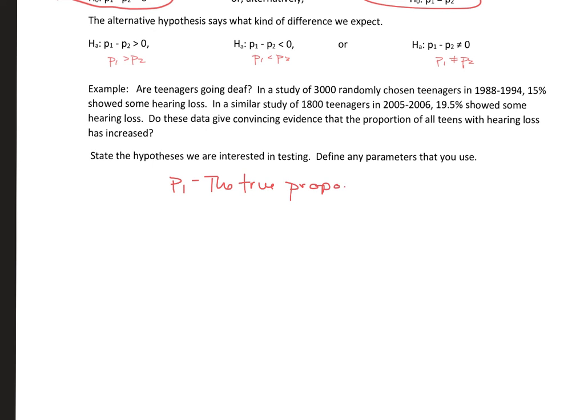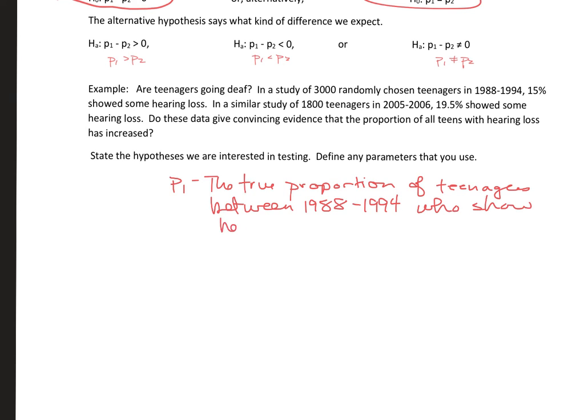of teenagers between 1988 and 1994 who show hearing loss. And then down here, P sub 2, we'll say almost the same thing.